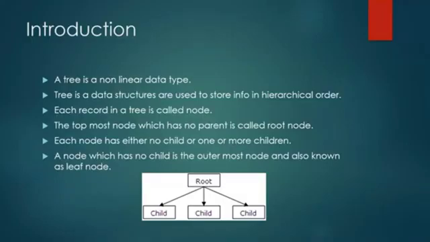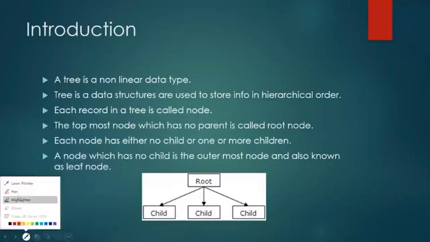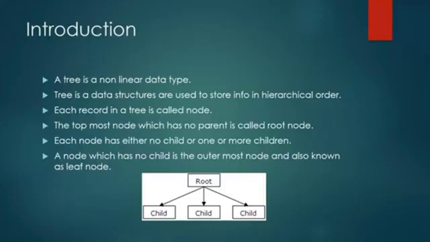A node which has no child, the outermost node, is also known as a leaf node. As we can see in the figure below, this is a root node, and these are the child nodes of this root node. As there are no child nodes to this child node, it can be called a leaf.